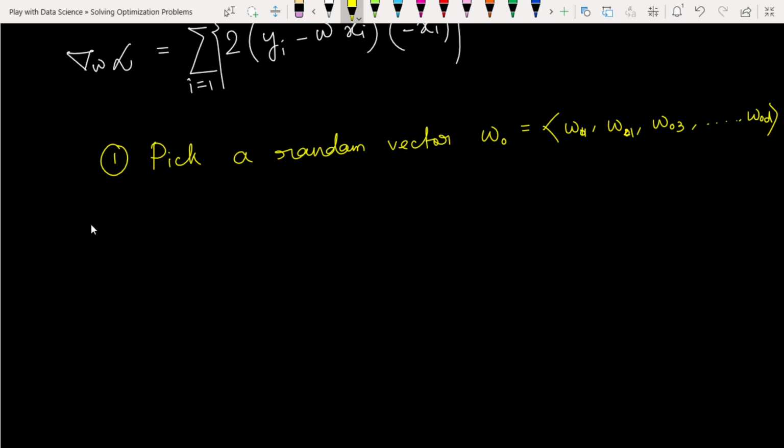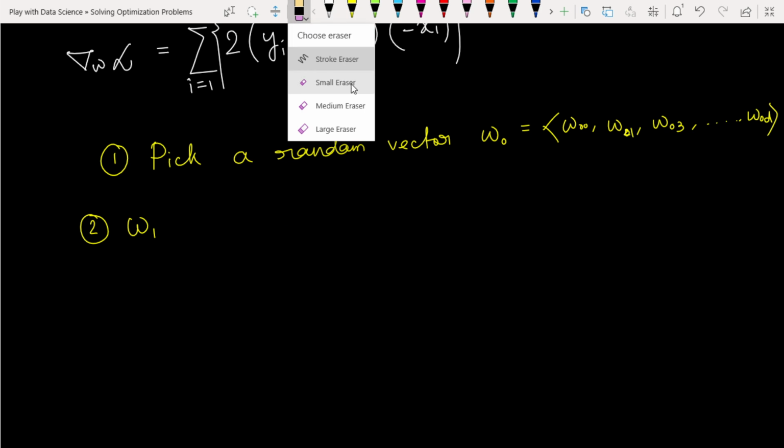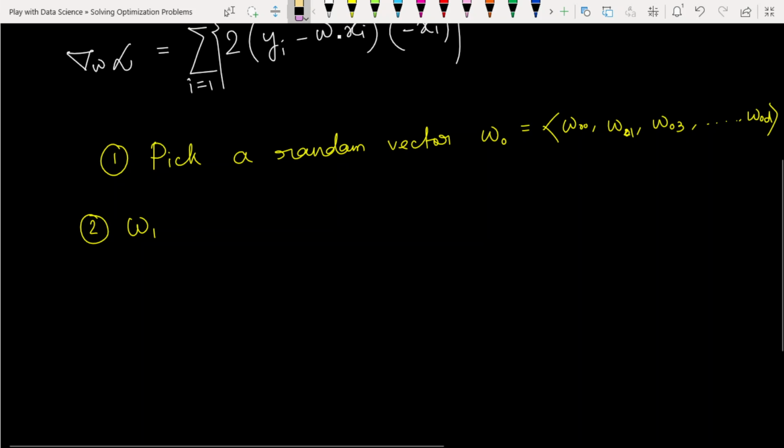In the second step, we calculate w1. Don't be confused, I am using w naught with components w01, w02.